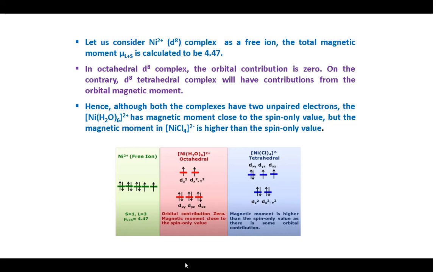On the contrary, a d8 tetrahedral complex will have contributions from the orbital magnetic moment. Hence, although both the complexes have two unpaired electrons, the hexaaquanickel 2+ complex has a magnetic moment close to the spin-only value, but the magnetic moment in the tetrachloronickel complex is higher than the spin-only value.